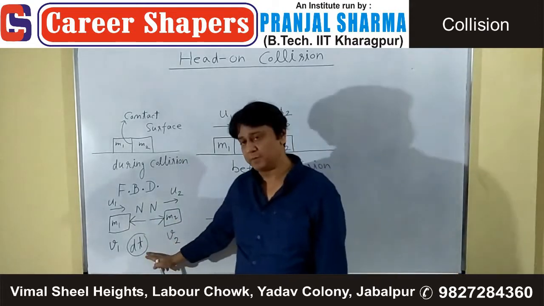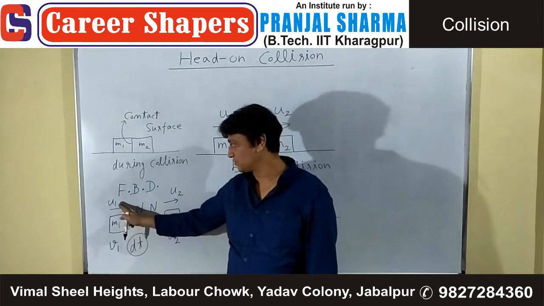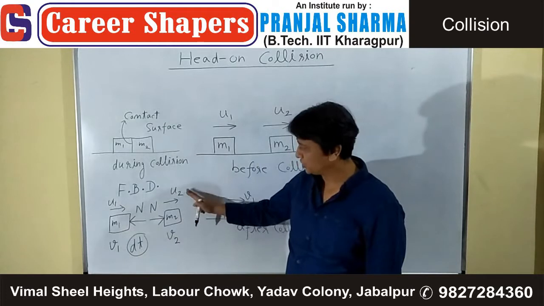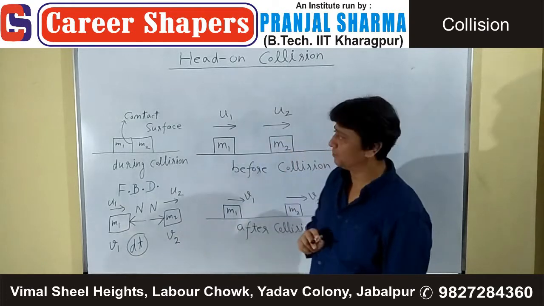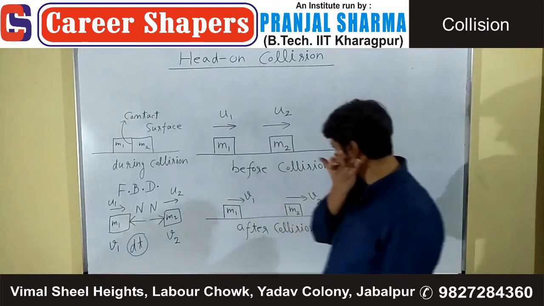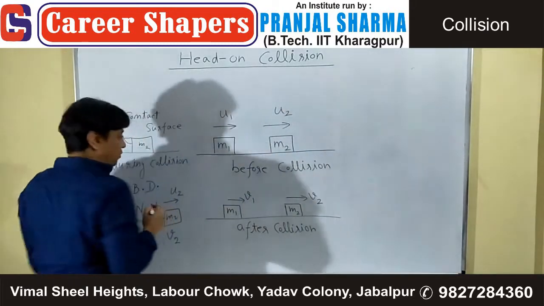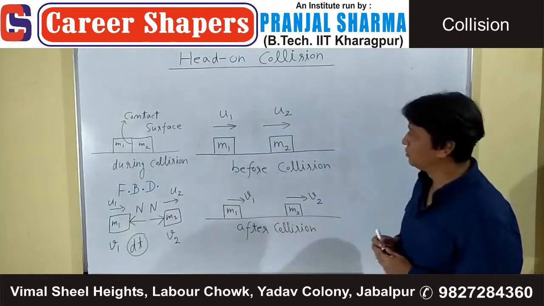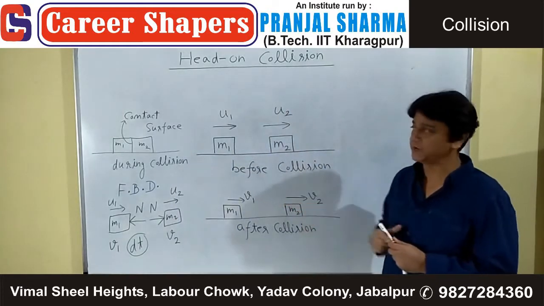In dt time, velocity changes from u1 to v1. In dt time, velocity changes from u2 to v2. Our aim is to find v1 and v2. Now, what are the things which are available to us so that we can calculate v1 and v2? Let's focus on those things.